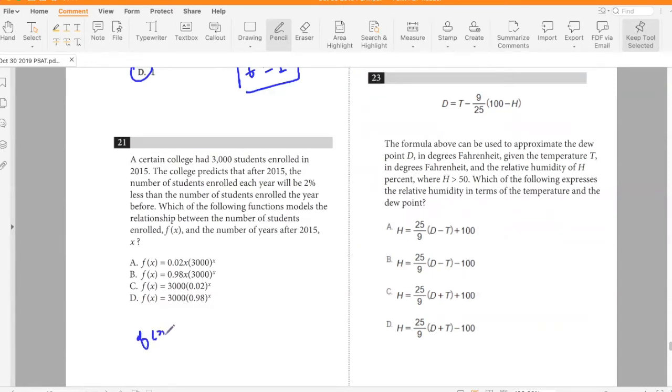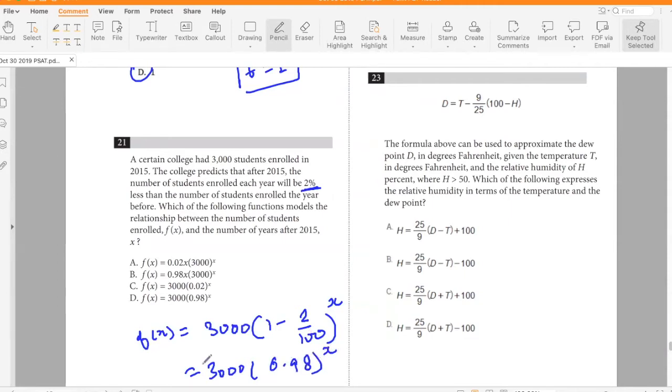So f of x will be the original value, which is 3,000, into 1 minus 2 by 100 to the power x, because it's a decrease of 2%, right? So that's 3,000 into 1 minus 0.02. So that's 0.98 to the power x. So that's option D.